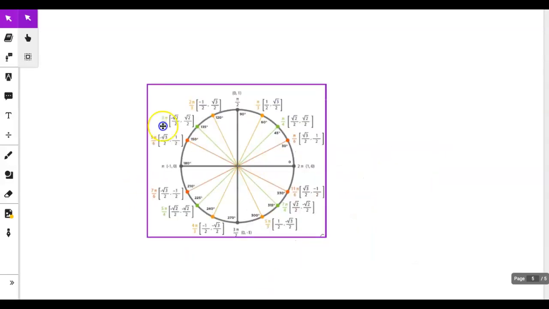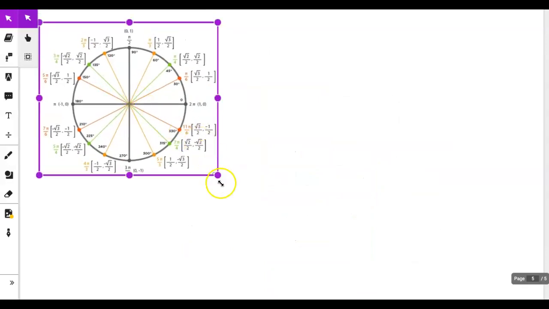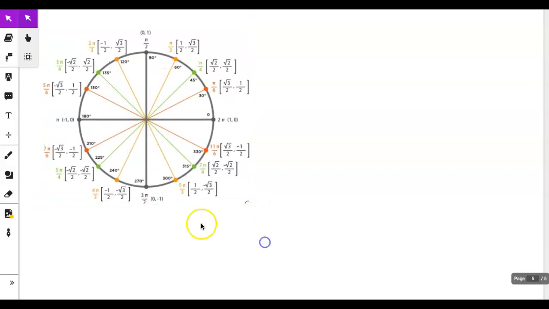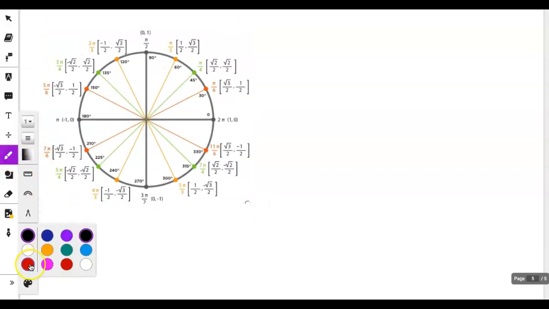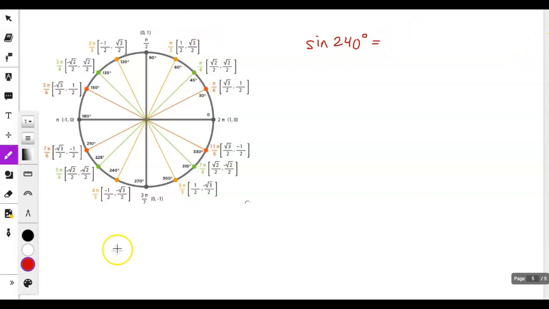So, all right. I'm just going to go ahead and pick some practice problems and show you how to do them. So let's just go ahead. We'll start out with some easy ones. Let's do the sine of 240 degrees. So all we have to do is remember that if your coordinates are x, y, that's cosine theta, sine theta.